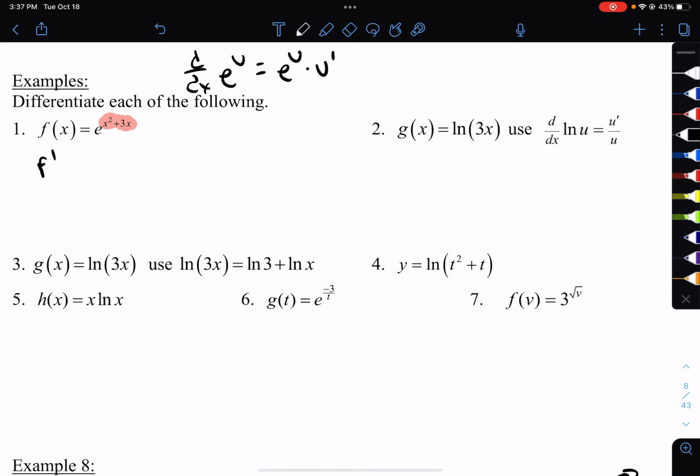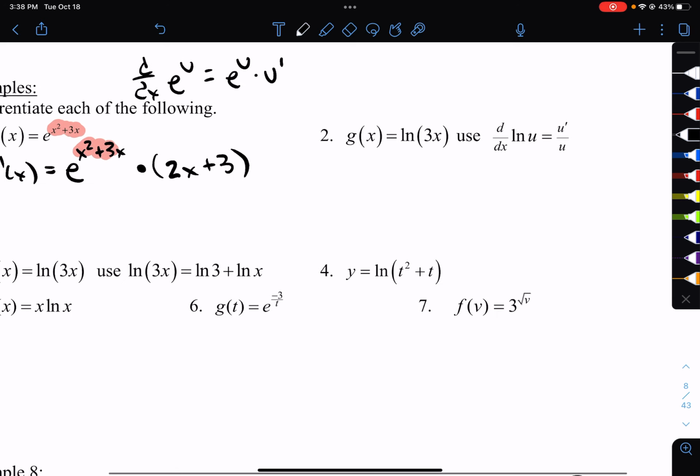So f prime of x is going to be e to the same thing, x squared plus 3x. But then I need to multiply by the derivative of this stuff for my chain rule. And the derivative of that is 2x plus 3. So e to the x squared plus 3x multiplied by 2x plus 3.